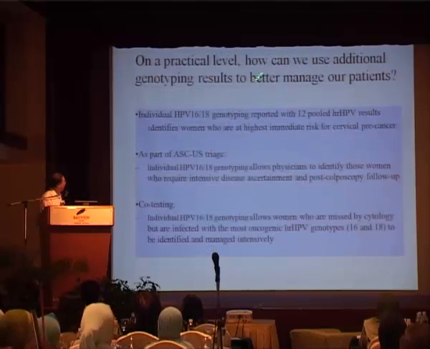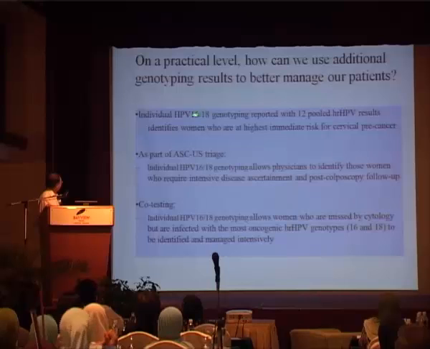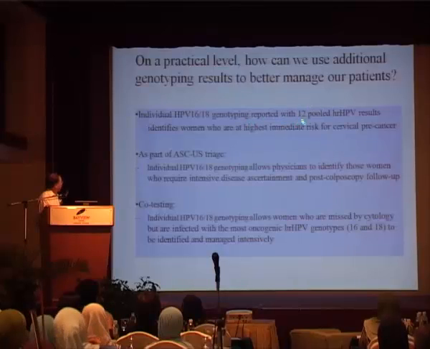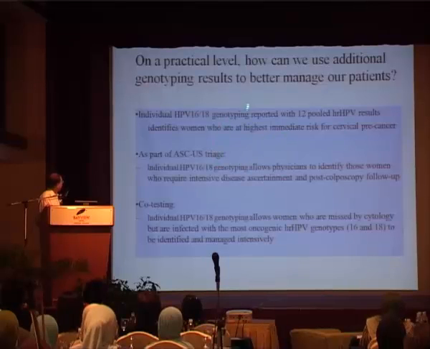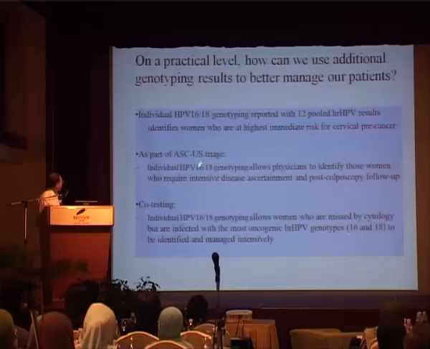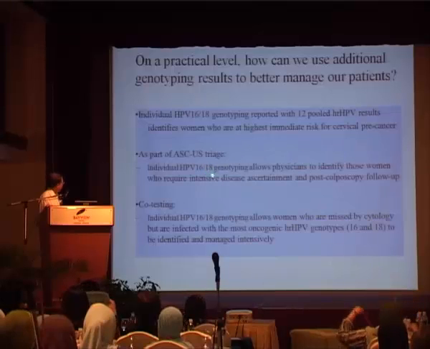So on a practical level, I would like you to consider that individual HPV 16 and 18 genotyping reported with the 12 other high-risk HPV results would identify women who are at an extremely high risk for immediate cervical cancer assessment. If you use this kind of technology in the triage management of ASCUS, you would identify the group of women who have a risk of 1 in 4 of CIN2 plus lesion.